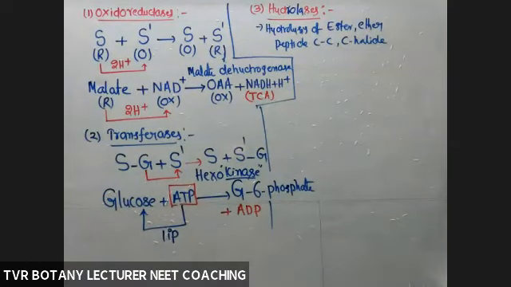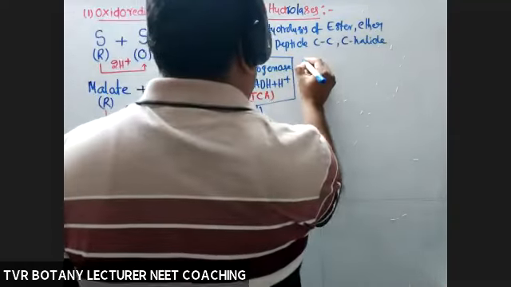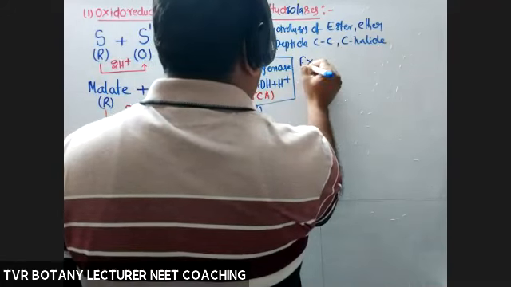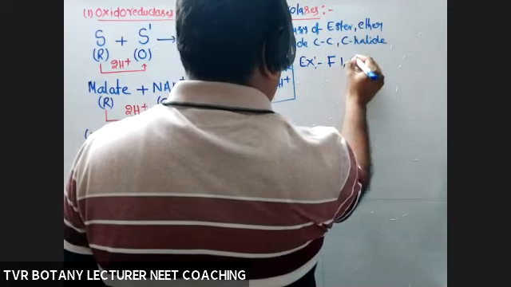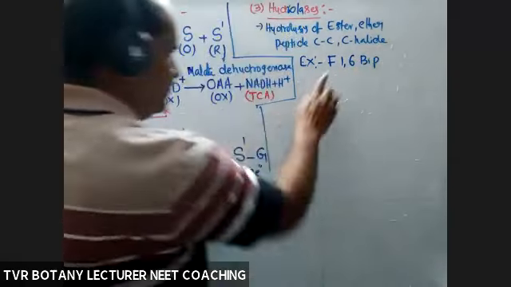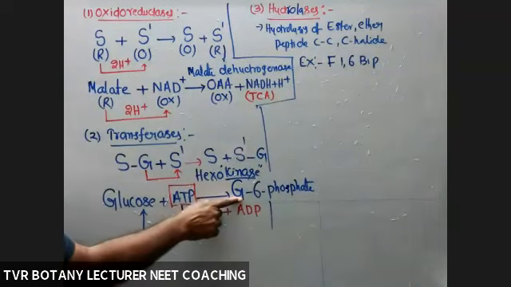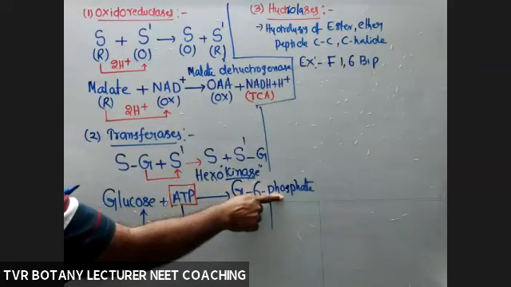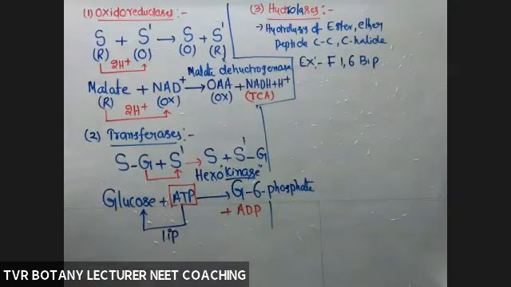In this case, the given example is fructose 1,6 bisphosphate. Come back, glucose 6 phosphate: the sixth carbon received an inorganic phosphate.